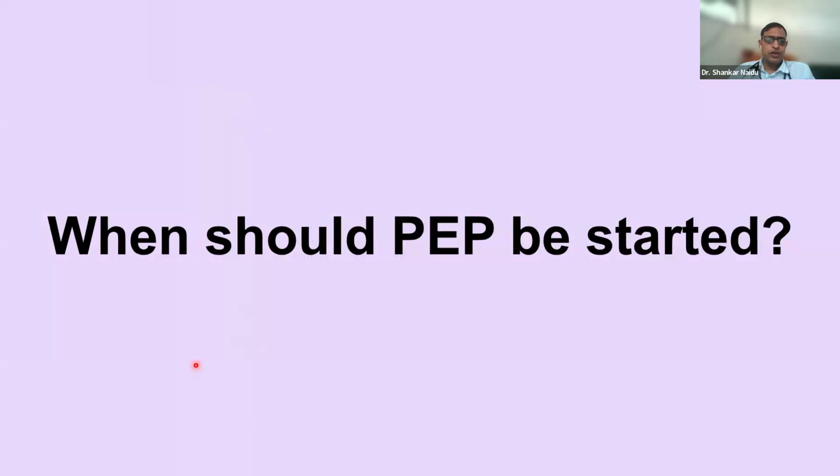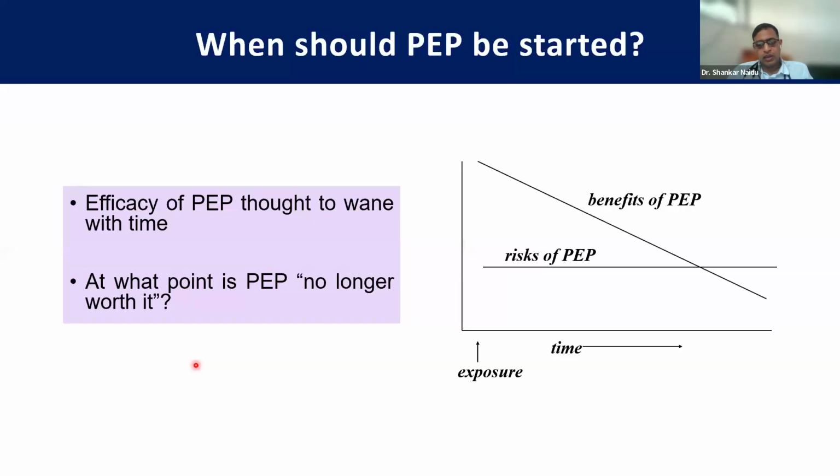So the other question is, when should we start PEP? The answer is as early as possible, within a few hours. Within 2 hours is ideally desired, but sometimes people do present to us after many hours or after a few days as well. So to answer this question, there is no exact answer when we can say after these many days the PEP is not required.